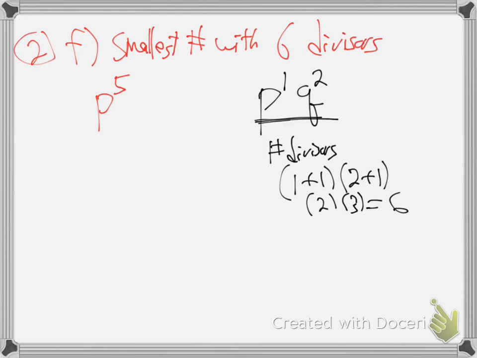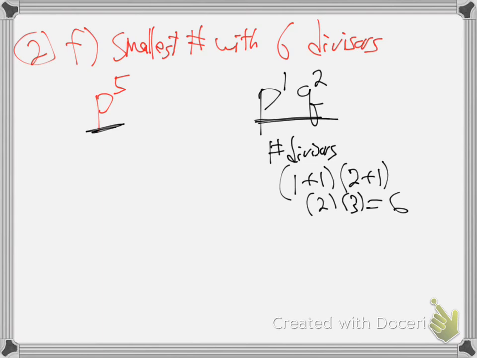So there's another model for 6, like there was for 4. If there's another way to make your number, like 6 is 2 times 3 or 1 times 6, 4 is 2 times 2 or 1 times 4. So they had 2 options. 5 and 3 only have one way to do it. The only way you're going to get 5 is 1 times 5. The only way you're going to get 3 is 1 times 3.